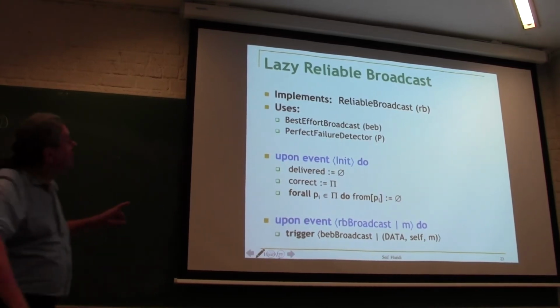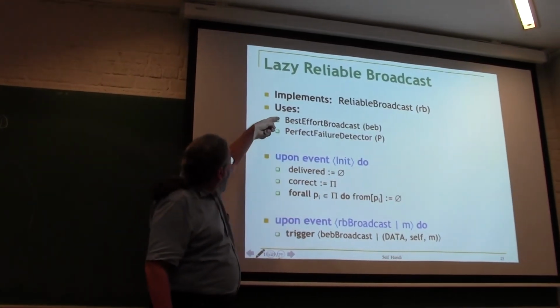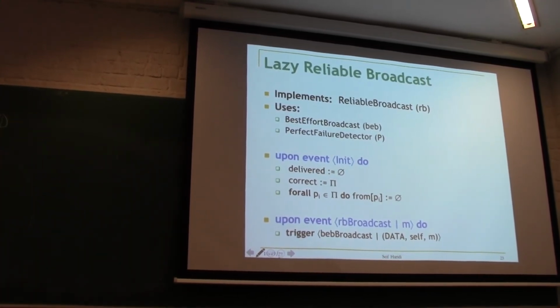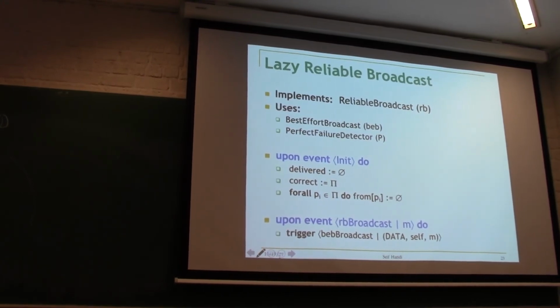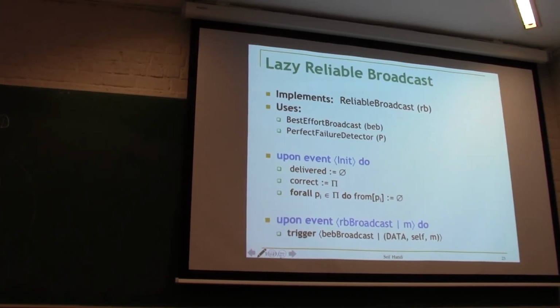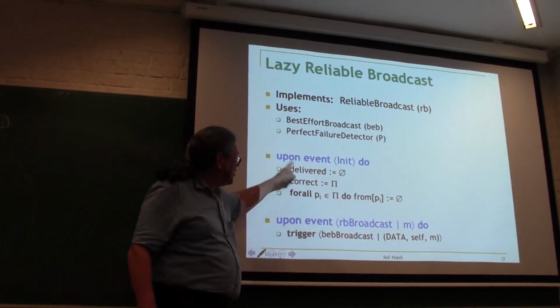I'm going to show you the code of reliable broadcast, and it uses two modules. Basically, there's also this perfect failure detector here. There are two underlying modules underneath this one. And then we have a bunch of local variables, which I'm going to initialize here.